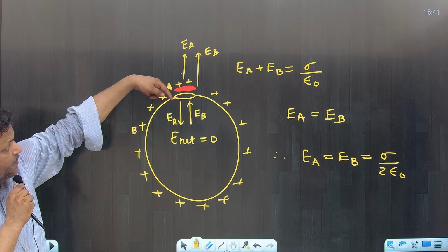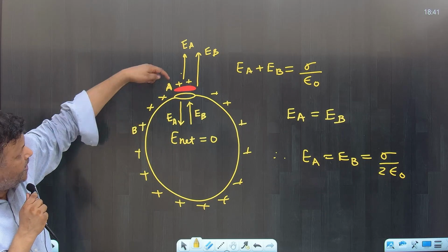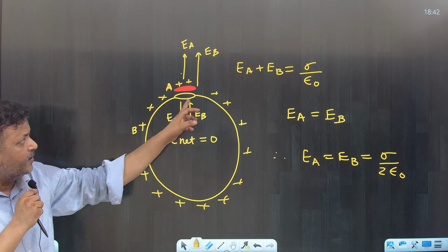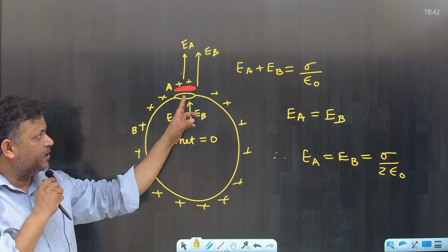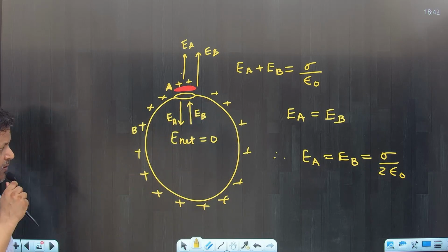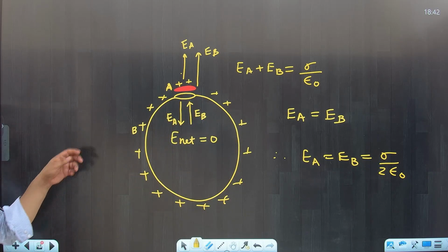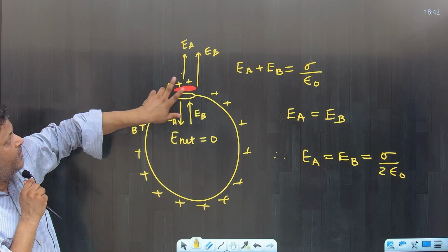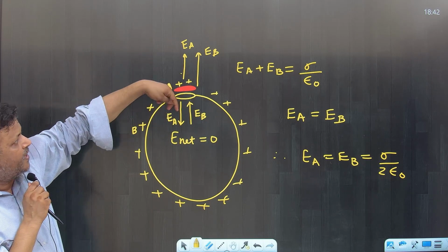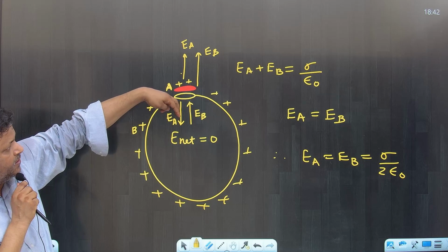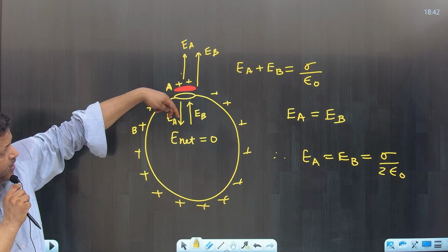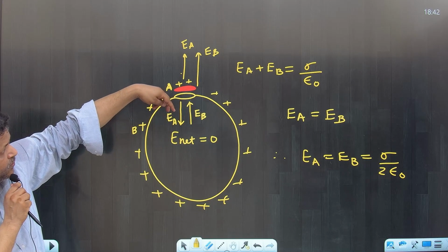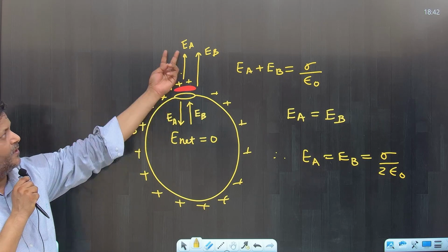So whatever the electric field due to part A in this direction, the remaining part will be in just the opposite direction to cancel it, so that electric field is 0 inside this sphere. Just outside the sphere they will be EA and EB. Inside the sphere they are in opposite directions, and outside the sphere they will be in the same direction.